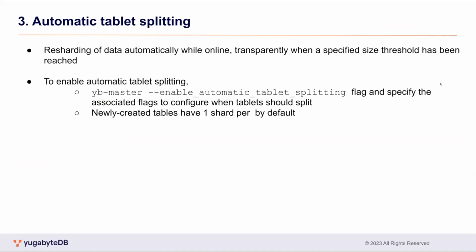I will explain that. If you want to enable that, it's basically a flag again, enable automatic tablet splitting, and of course, there are other flags that you have to specify for the threshold. When you use automatic, by default the new table will have only 1 tablet. Start from 1.